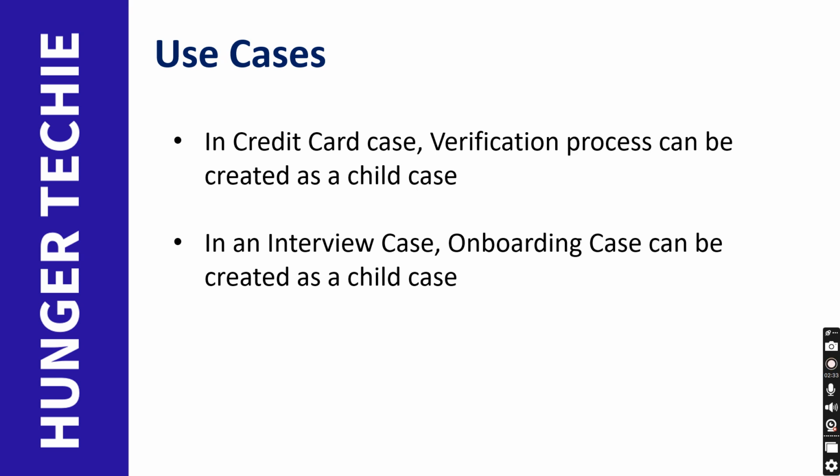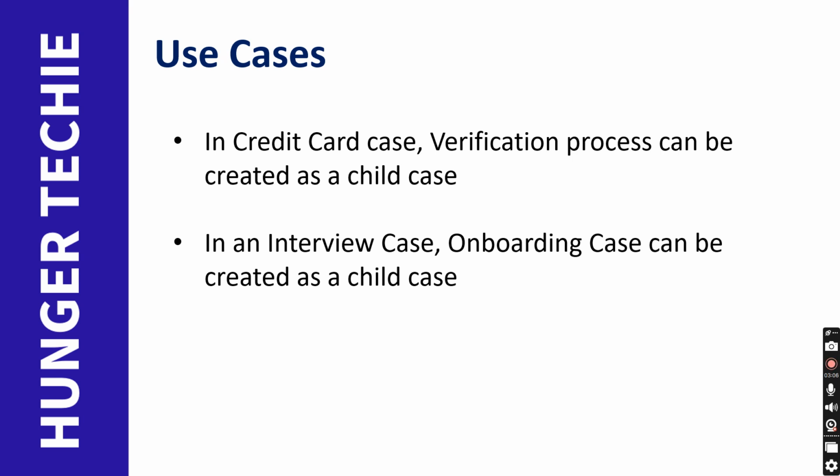If we have a case type to track the interview process, there we may have different stages: screening, and once screening is completed, if the person is selected, we have to onboard him, and we also have to do a background verification check for him. So instead of hard coding everything, the onboarding case and background verification case, in a single case type, we can have multiple child cases.